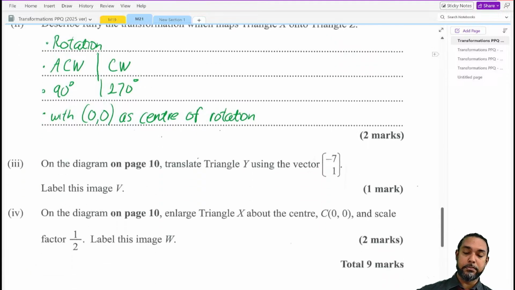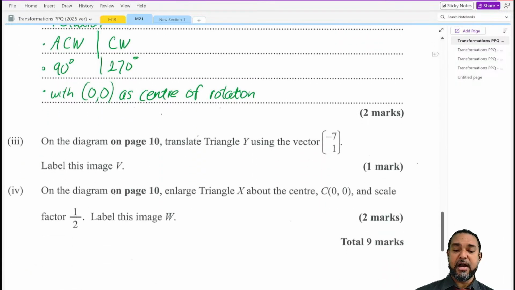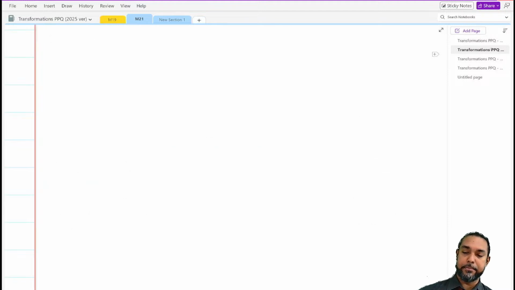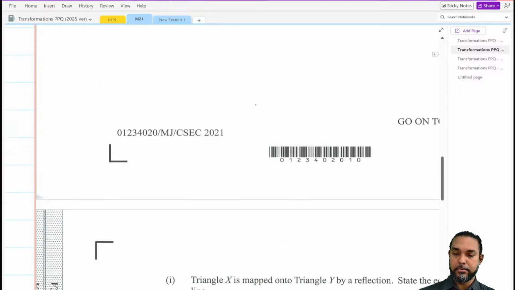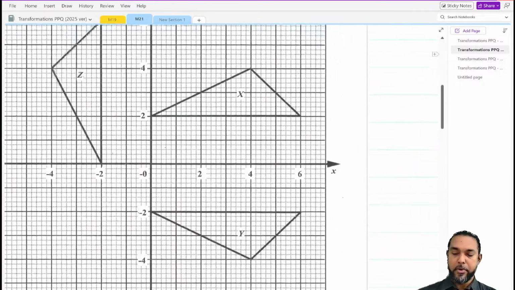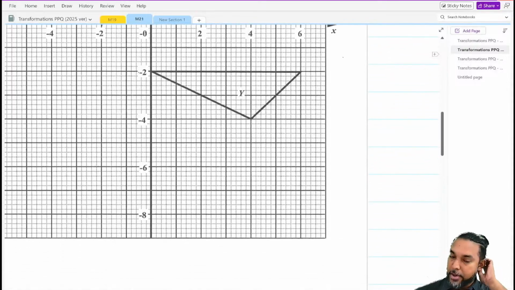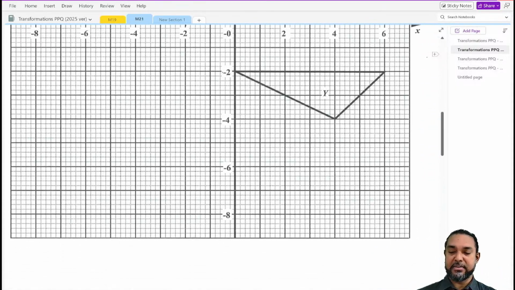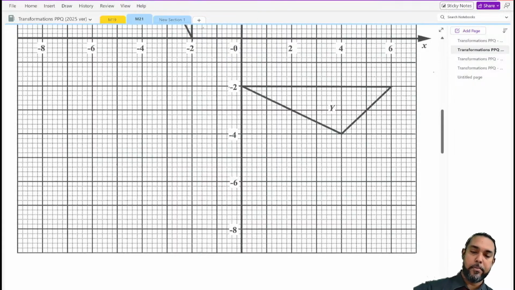All right, anyhow. On the diagram, translate triangle Y using vector (-7, 1). Okay, where's triangle Y? When they say translate with a vector -7 and 1, what do they mean?